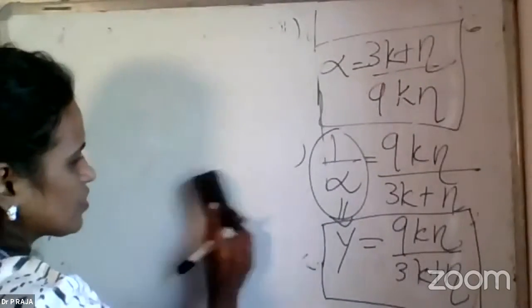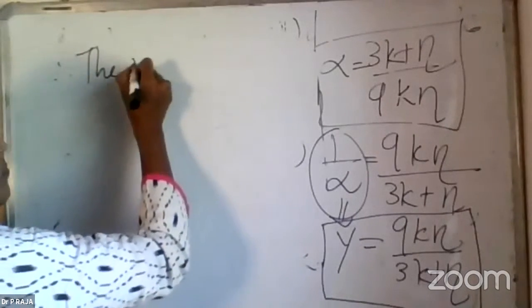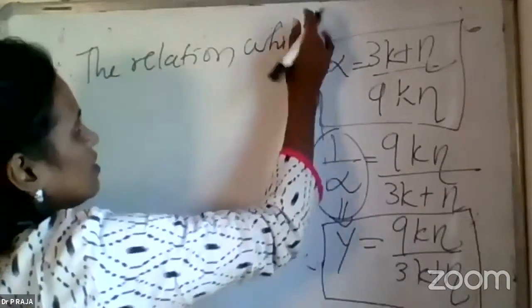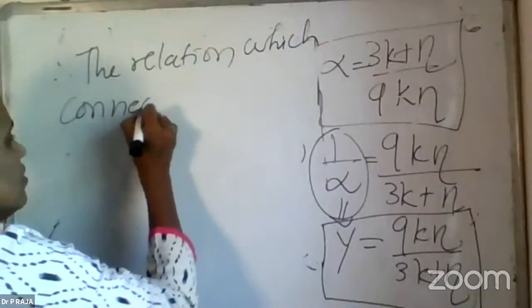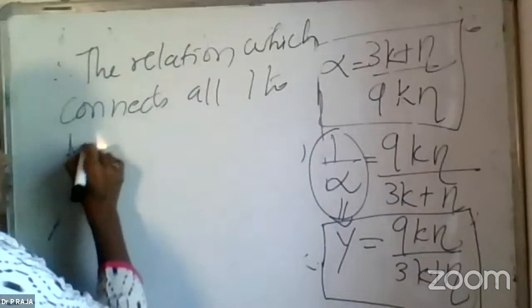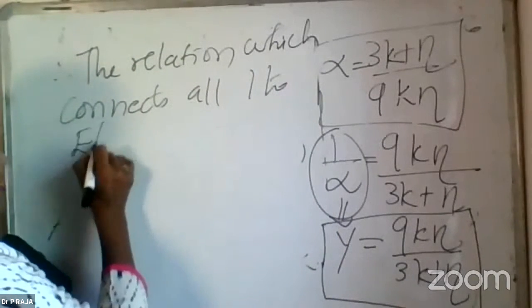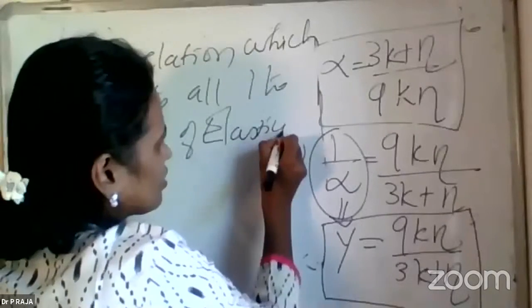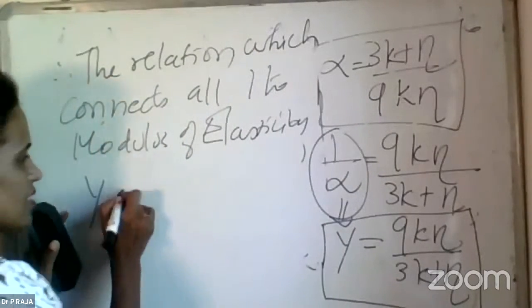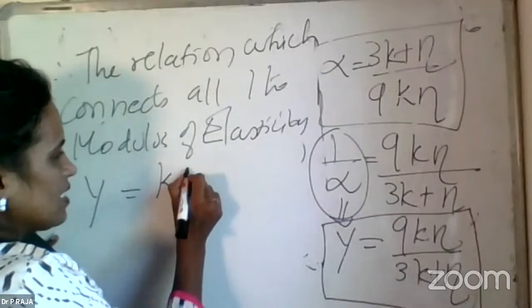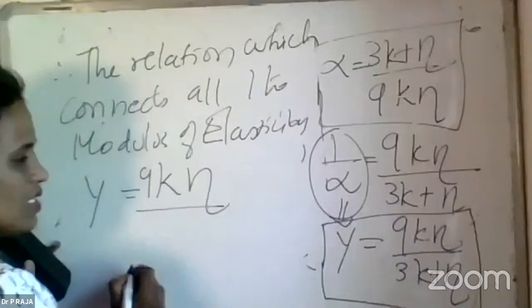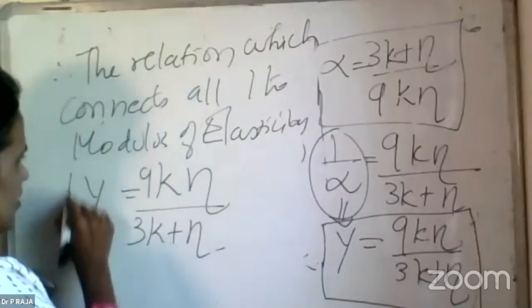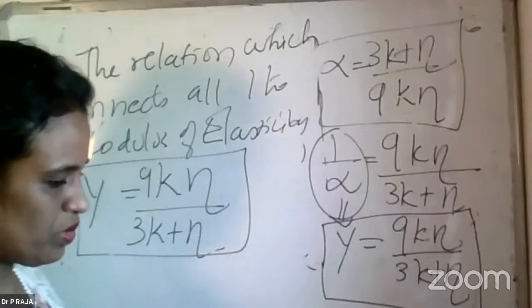Therefore the relation which connects all the three moduli of elasticity is Y, connected to the bulk modulus k and eta, as Y equals 9 k eta divided by 3k plus eta.